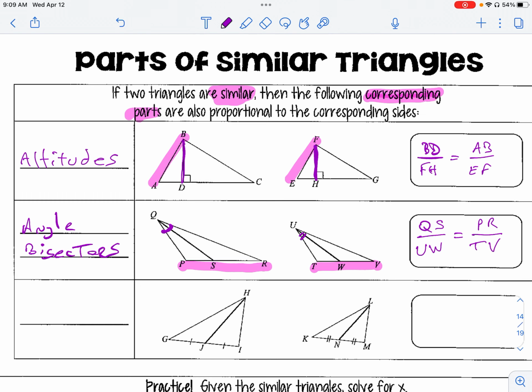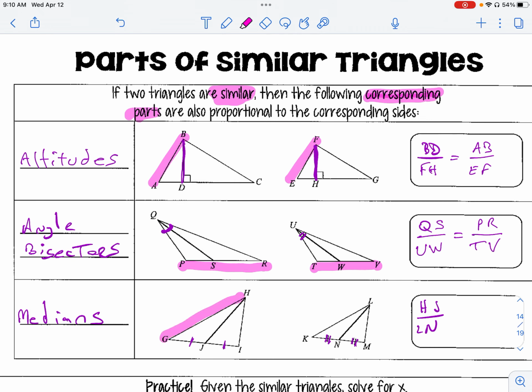The third one we get, well, what do we get here? Well, this is splitting. It goes from a vertex and splits the side in half. This one goes from a vertex and splits the side in half. So those are medians. Medians are also going to be proportional. So we get HJ over LN.